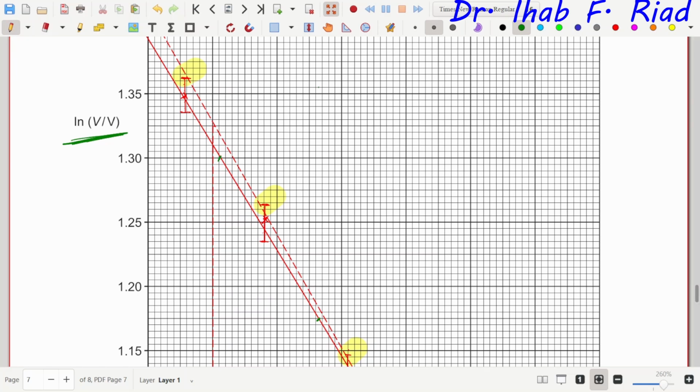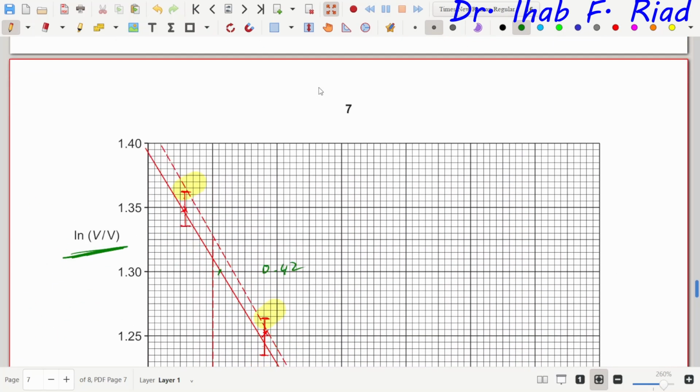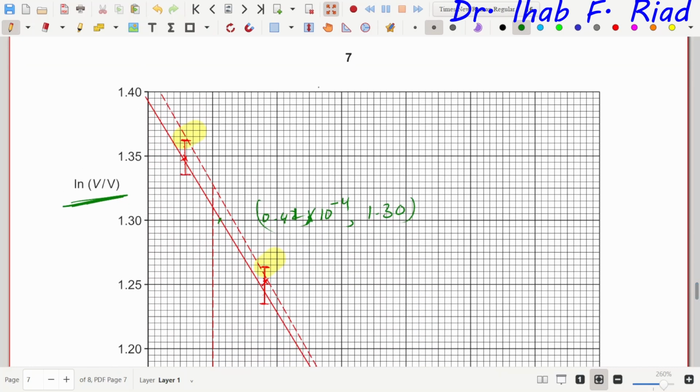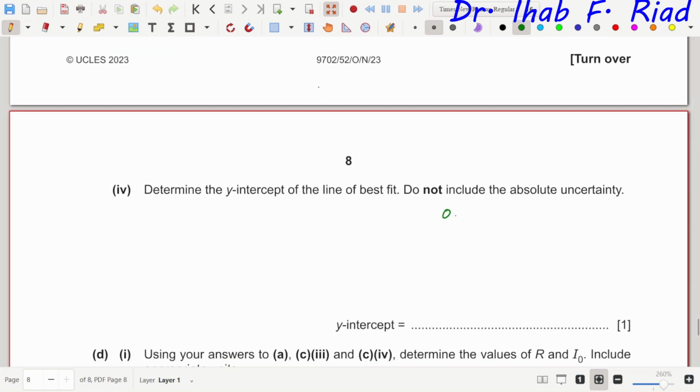This point has x equal to 0.41 times 10 to the power minus 4, and the y-axis is 1.30. So this is the point I'm going to use.